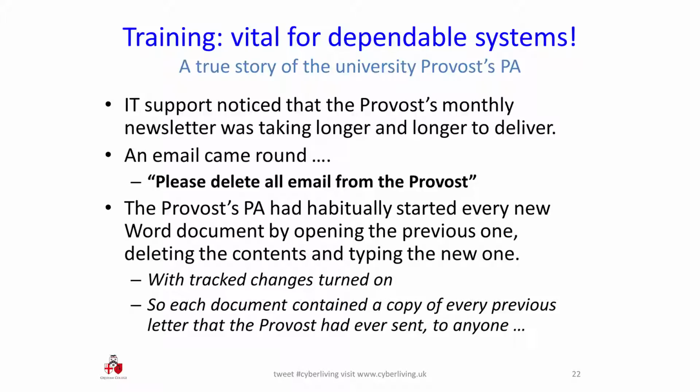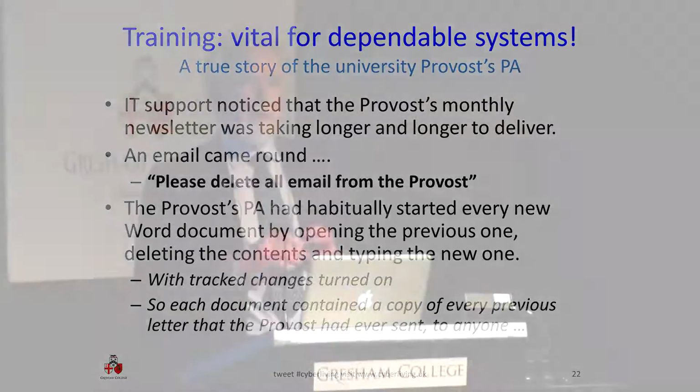And it turned out that the PA, instead of starting typing in a clean template, had been routinely opening the last letter that had been typed, deleting the contents, and starting typing in what was left. But since tracked changes was left on, it meant that everybody who received anything from the provost got a complete audit trail of every letter that the provost had ever sent to anybody about staff matters, salaries.